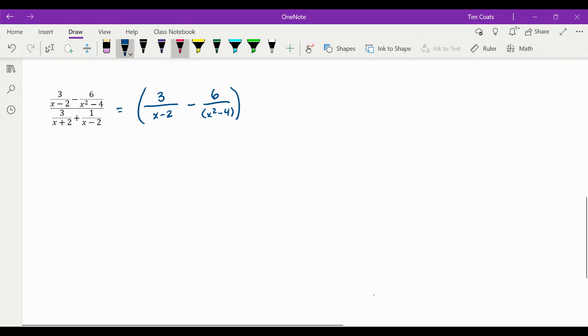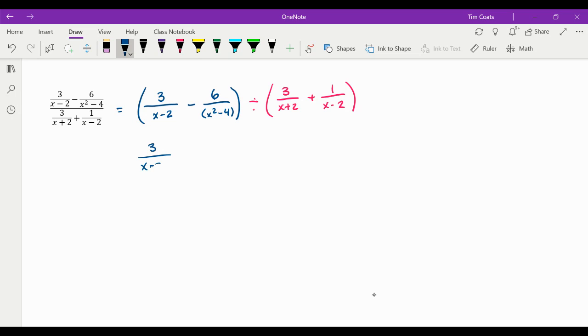So divided by, and we'll even do different colors here to make sure that we can see the differences. Now that we have those separated, let's look at the numerator and the denominator separately. So let's look at the numerator right now. First, we just treat this like a subtraction problem.